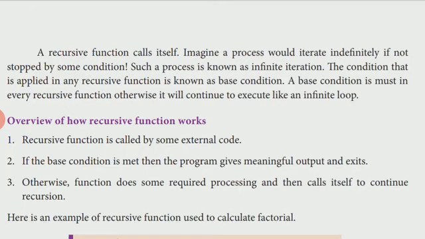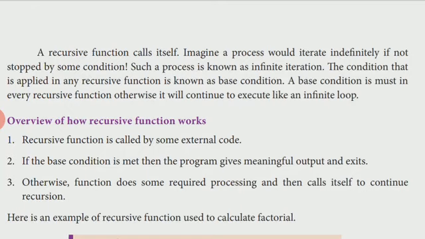Countable means, for example, if you want to do the process 10 times, we call it finite iteration. Finite iteration means we know where it will end. Infinite iteration means we don't know when it will end or when it will give the output.